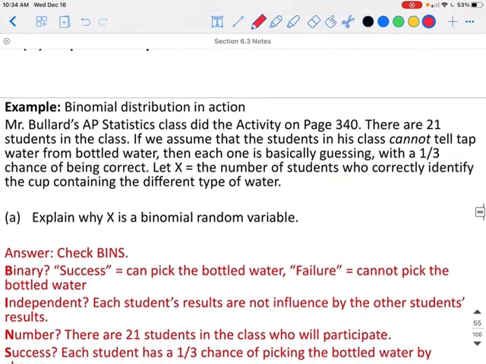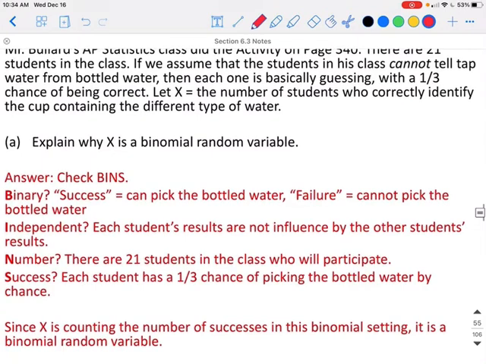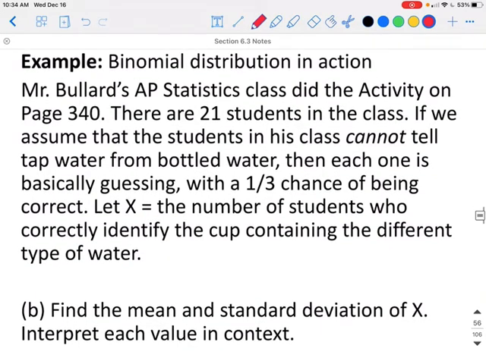And for the success rate, each child will receive 3 different cups of water, and out of those 3, only one of them will have bottled water. So the probability of success for each student will just be 1 out of 3. Since x is counting the number of successes in this binomial setting, this is going to be a binomial random variable.